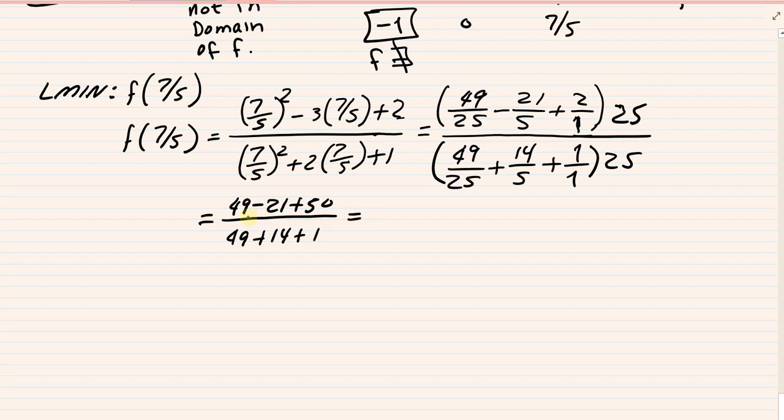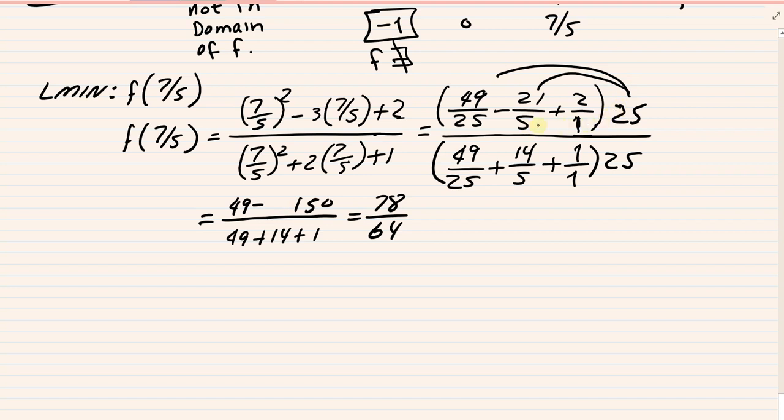So that's going to be 28, 50, 78 over 64. Okay, and let's make sure I did this one right. I'm sure some of you can say, no, you didn't do that right. Okay, I'm going to distribute here. The first one is good.